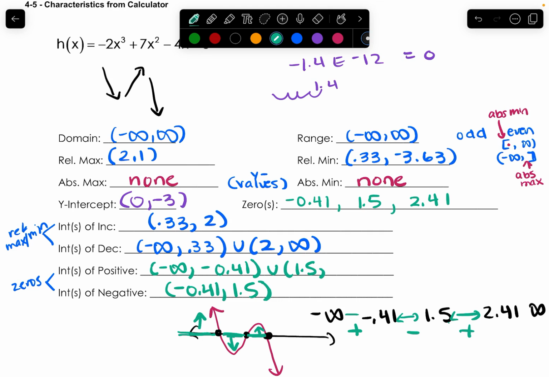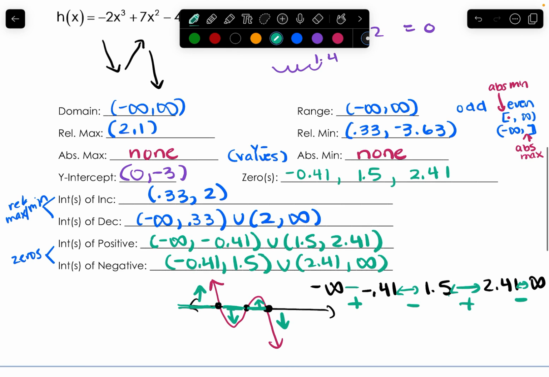So 1.5 until it gets to 2.41. And then it goes back down as I move toward infinity. So 2.41 to infinity.